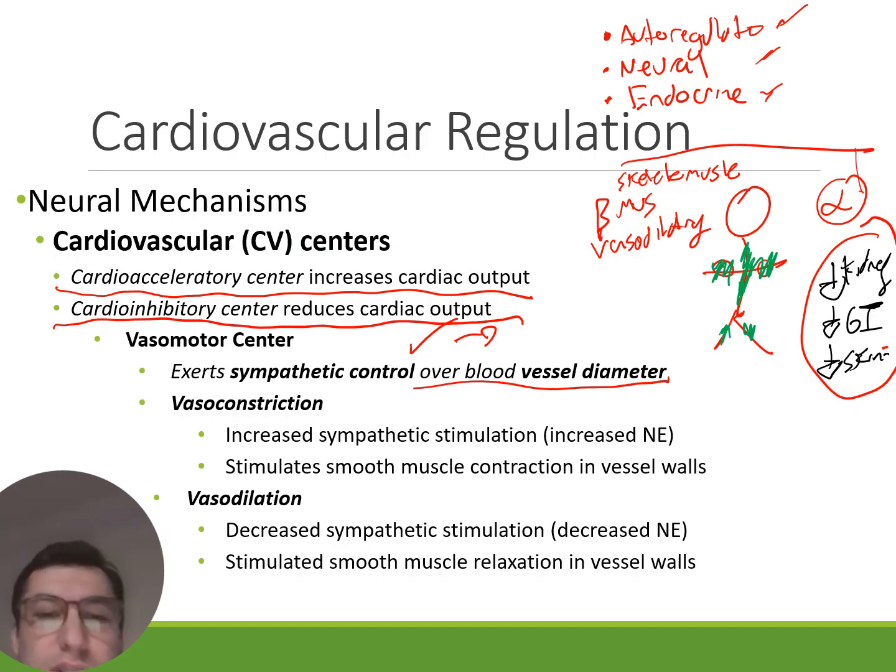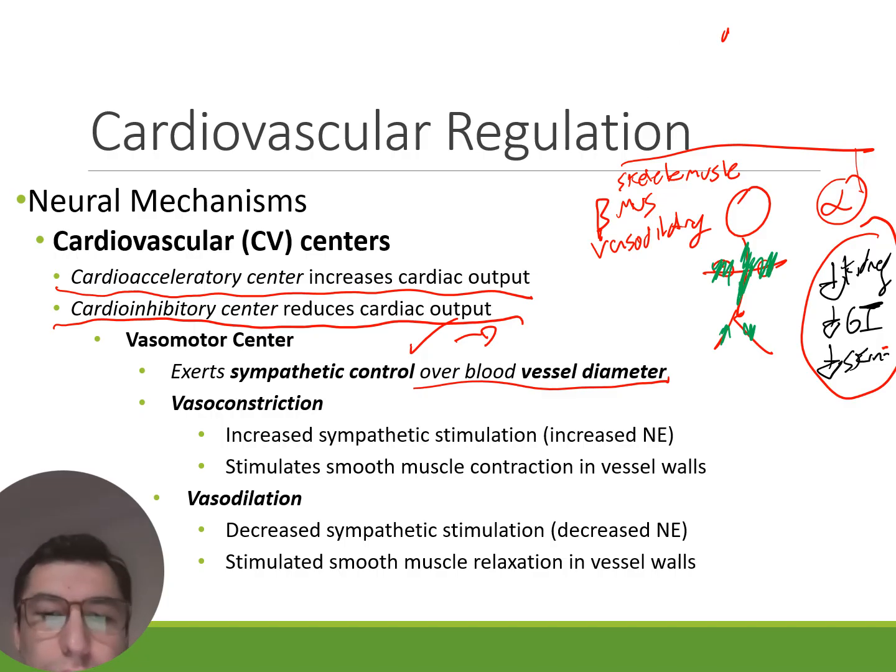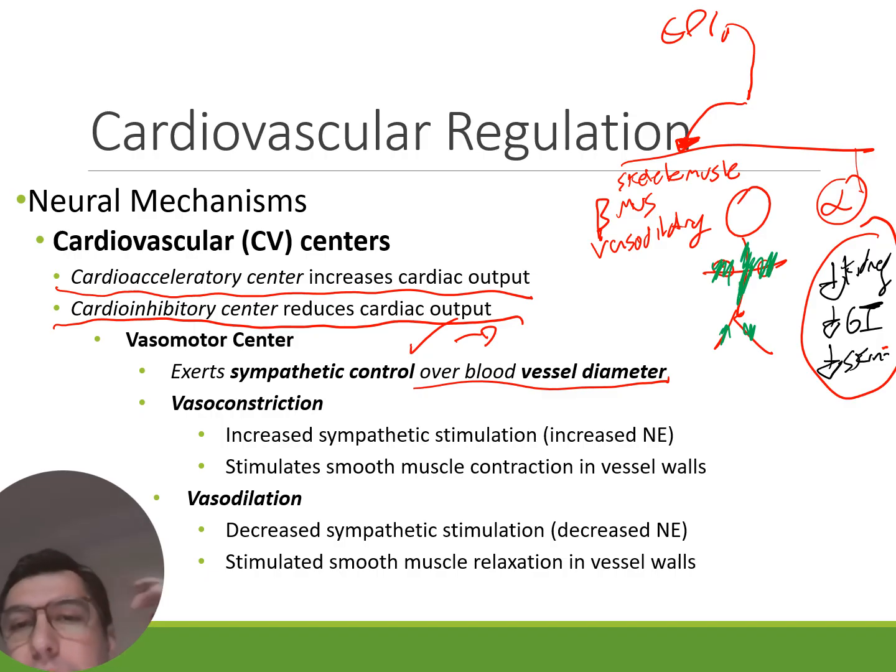So when we look at the hierarchy of action, remember that we have epinephrine being released during that fight or flight response. And that epinephrine will have different actions depending on the tissue that it is acting on. So if we're talking about vessels within the muscles, we will have a beta receptor activity causing vasodilation to these vessels.